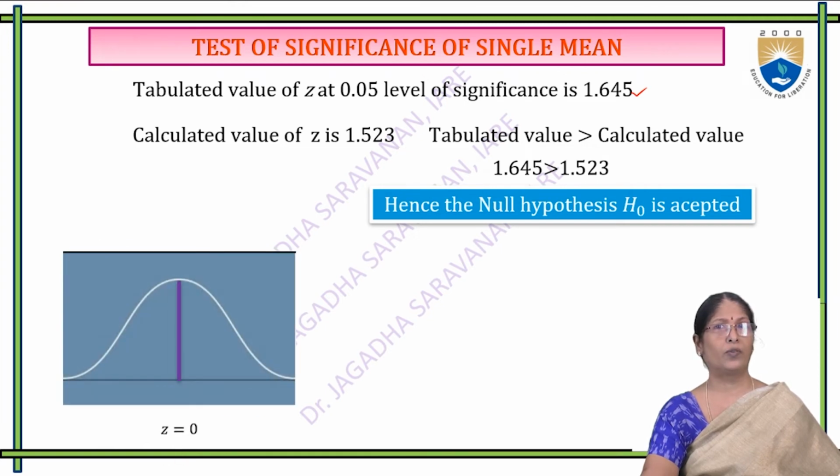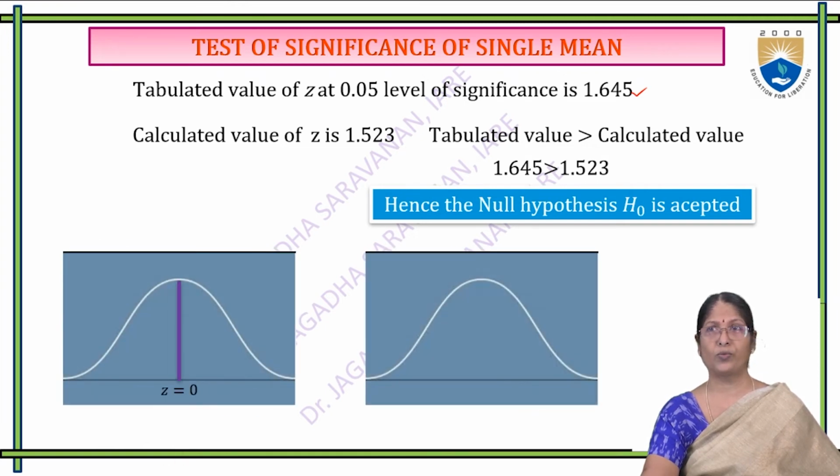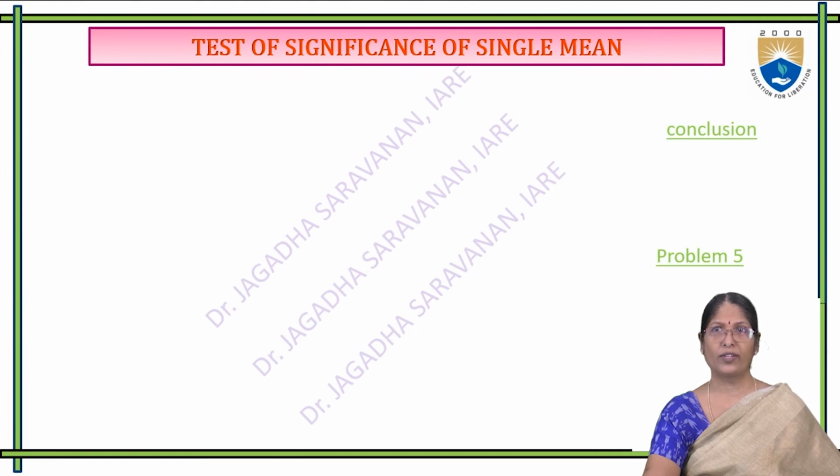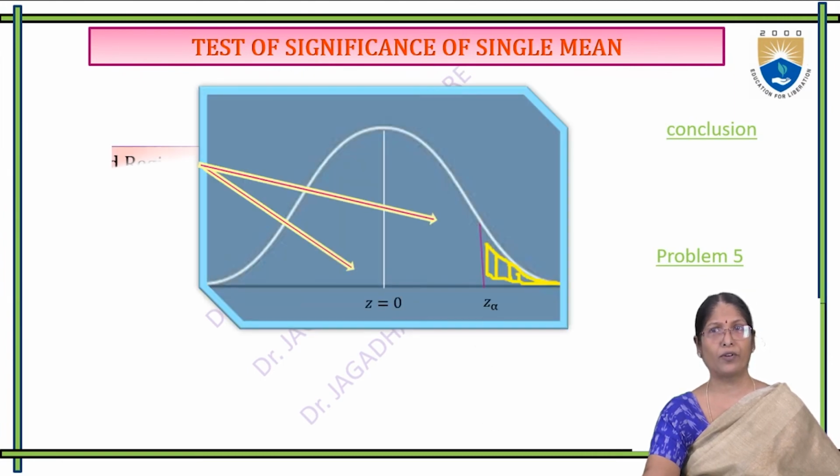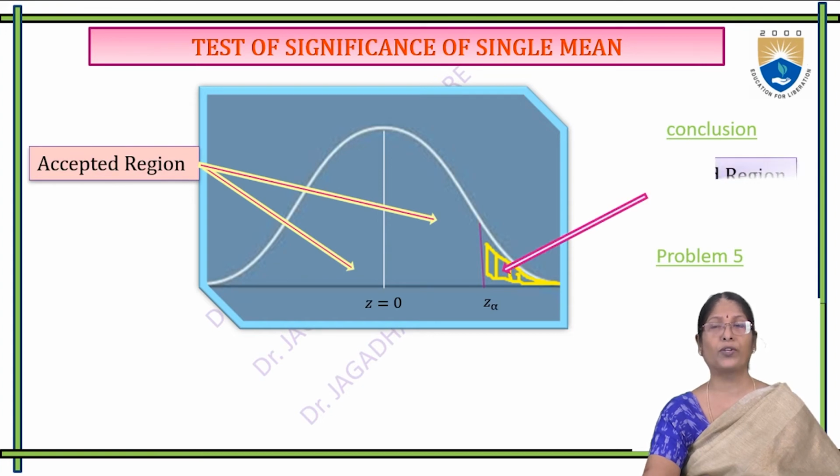The normal curve, the bell-shaped curve, is ready, and here our tabulated value will be placed on the right side only. This is the graph, and this is the rejected area. We can see very clearly how this graphical representation fits this particular problem.